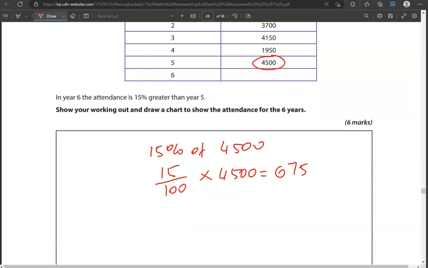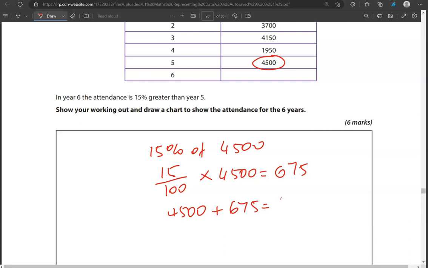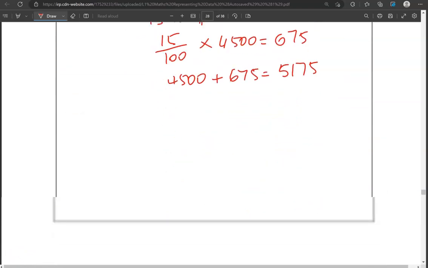We'll add that on top of 4,500, which is 5,175. We'll show this in the graph as well.